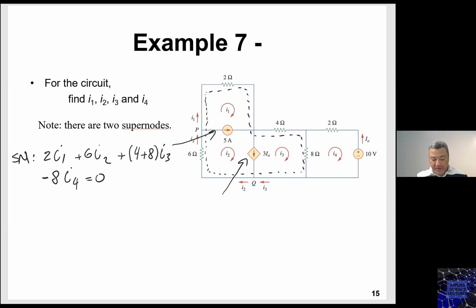So this is the super mesh equation that includes all those three meshes in one equation.